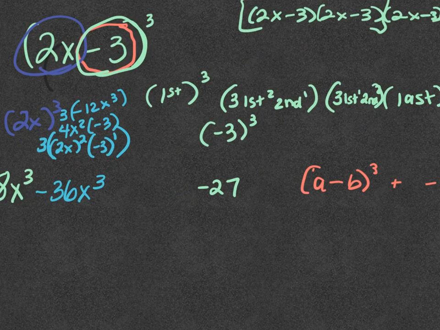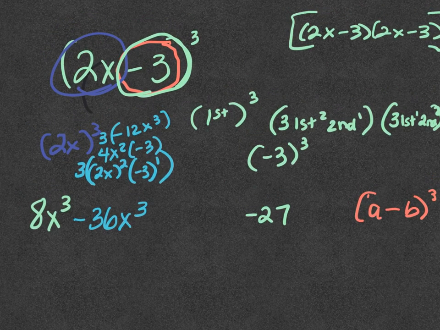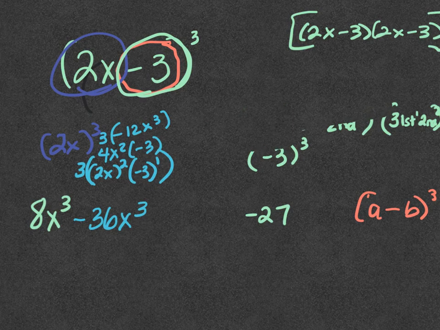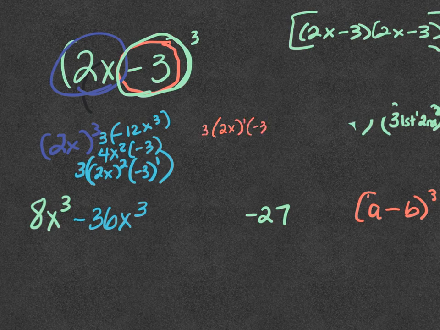Then the third term, I should have given myself a little bit more room, okay? The third term is 3 times the first term to the first and the second term to the second. So this is 2x times 9, because negative 3 squared is 9.